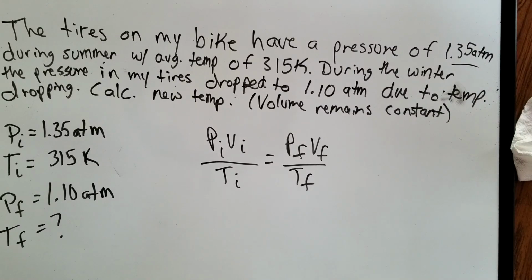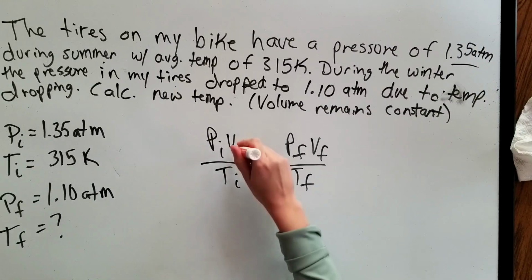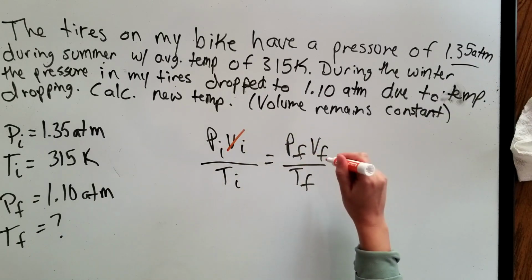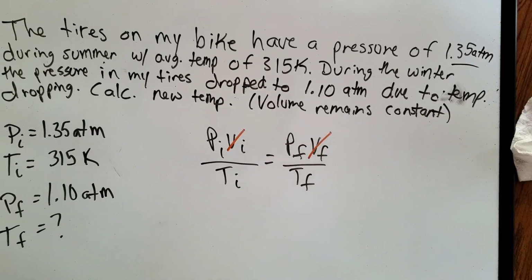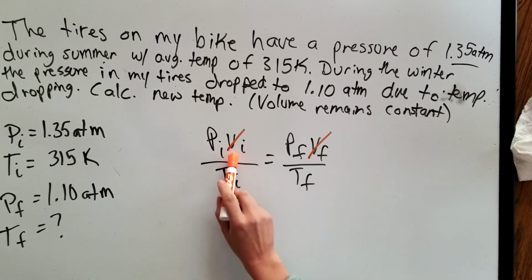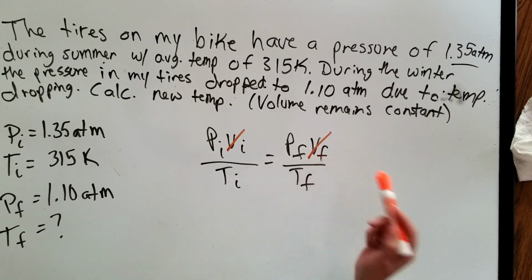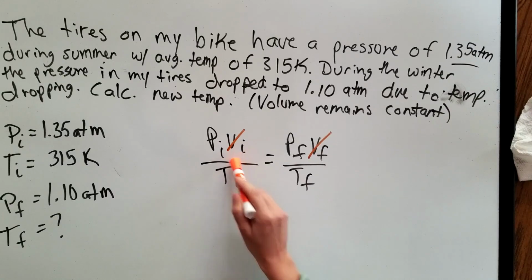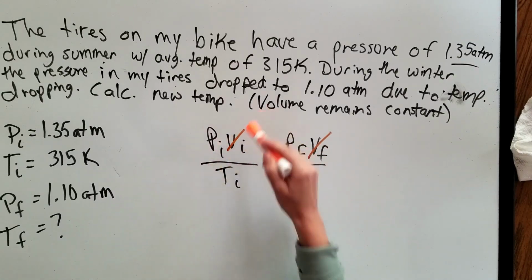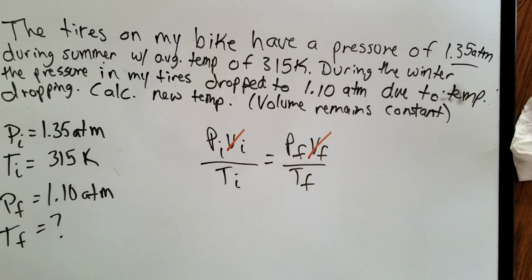If the volume is remaining constant, that means I can use this equation and just take the volume out. Why can I do that? Well, let's give it an arbitrary amount. Let's say the volume is 1 liter. If I put 1 liter on this side, I'm also going to have it on that side. So that's why they cancel, right? Say the volume was 5 liters. Well, I'll have a 5 on this side, but I'll also have a 5 on that side. So that's why I can cross it out, because they're going to cancel each other out anyway. Because they're constant, it's the same number on both sides of the equation.